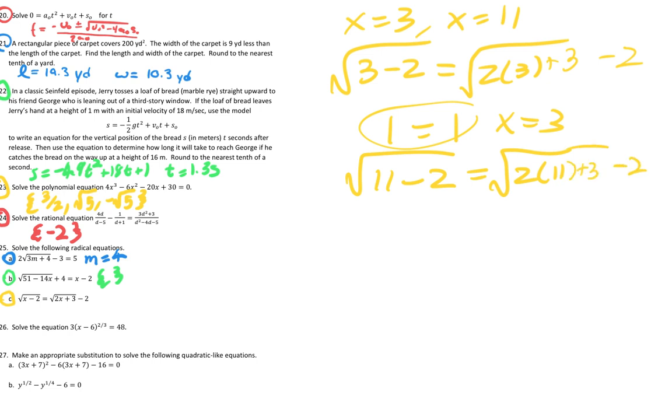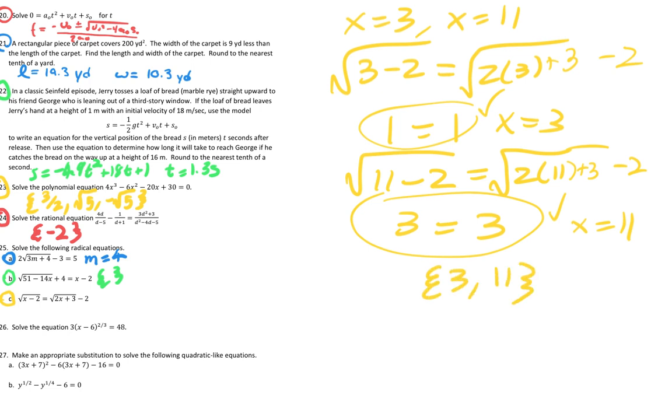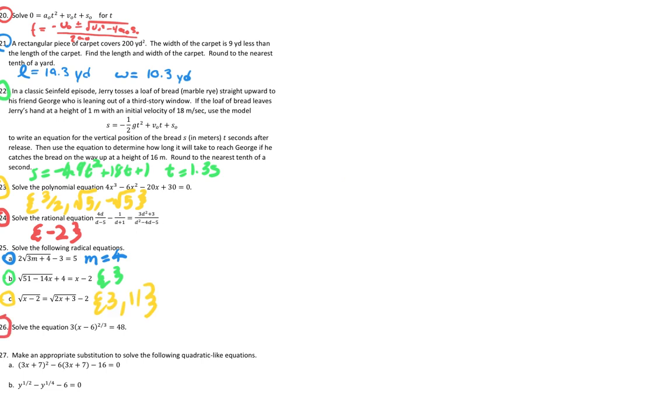Our left side is going to give us 3. Our right side is also going to give us 3. So that's a valid solution. So x can also equal 11. So we're going to write this as squiggly bracket 3 and 11 squiggly bracket. Now we want to look at number 26.